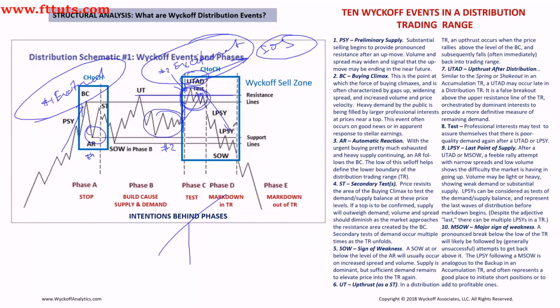And as it fails, this is the first time where weak hands are going to say, I'm not selling. Why are they not selling at this point? Well, because finally they realize that they have to be disciplined. But unfortunately, they get disciplined at the wrong time.